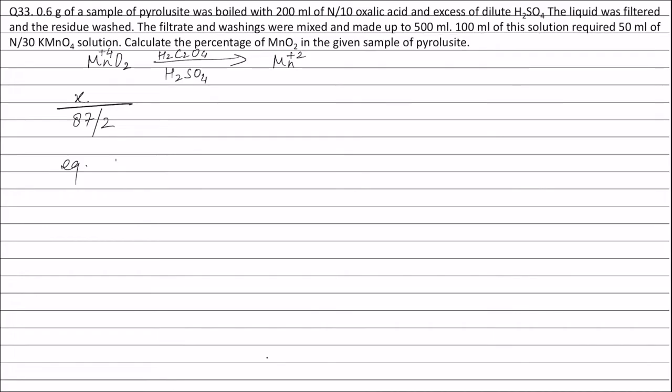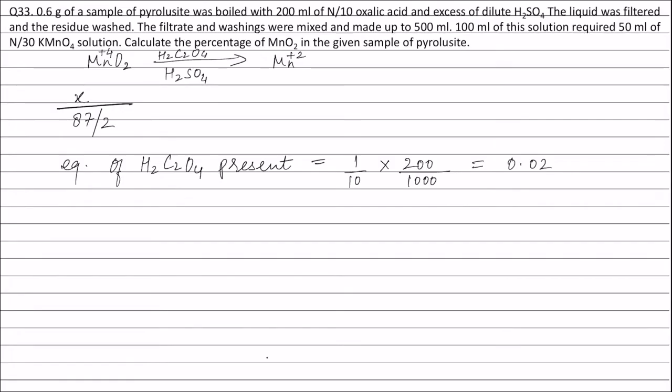Now, equivalence of oxalic acid present is equal to normality of oxalic acid, that is 1 by 10, into volume of oxalic acid in liters, that is 200 by 1000 liters, and this is equal to 0.02 equivalents.